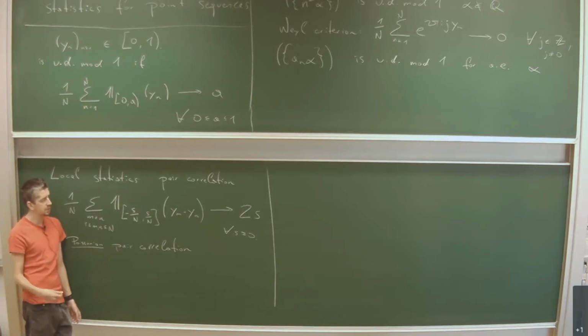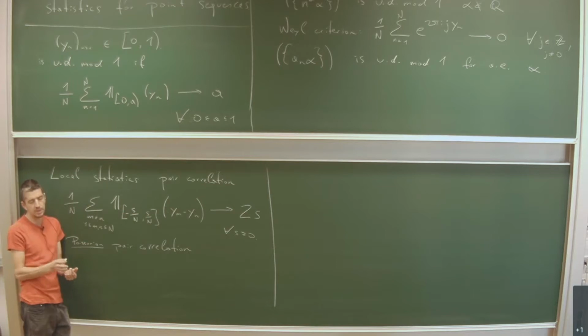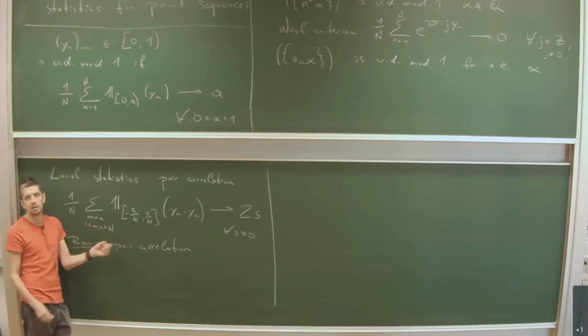And one thing that's particularly interesting is if you count the gaps between the elements of the sequence sorted in increasing order. So if you fix some capital N, you have some y1 up to y capital N. Typically, they are not sorted in increasing order, but you might reorder them in the increasing order, and then take a statistic of the gaps of this sorted sequence. So that would be called distribution of level spacings.